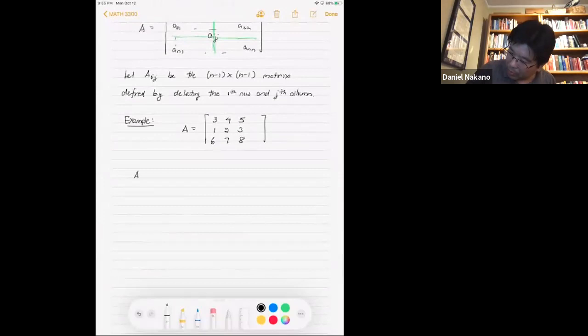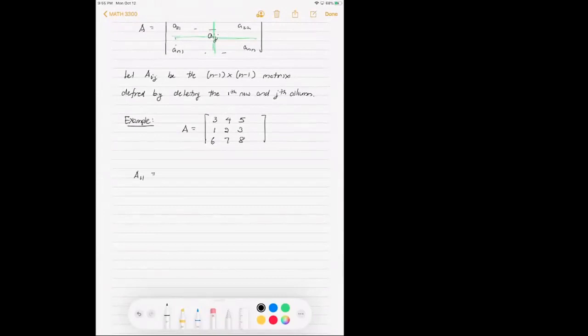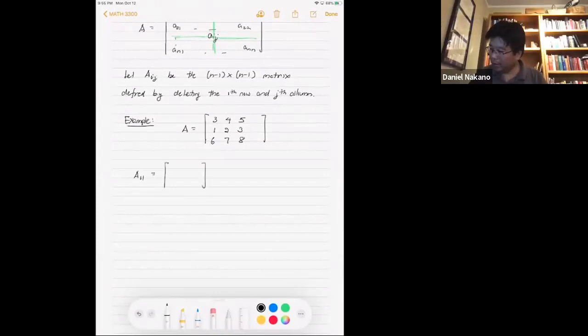So let's compute A11. Okay, so how big should A11 be? 2 by 2. Okay. And again, we take this entry up here, this is the 1, 1 entry. And then we're going to delete the first row and the first column.